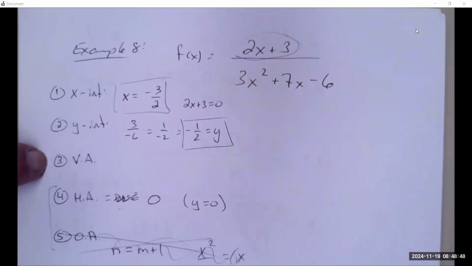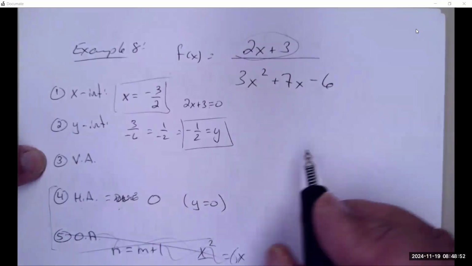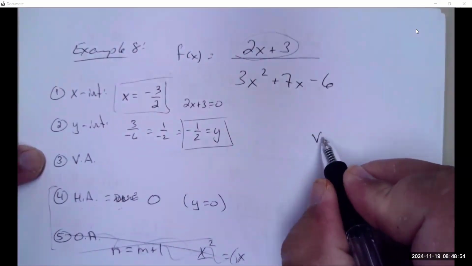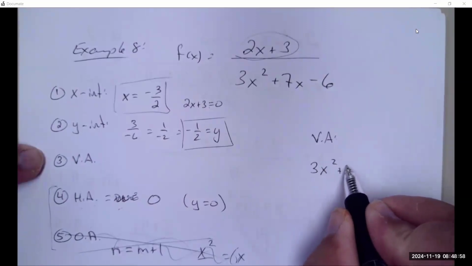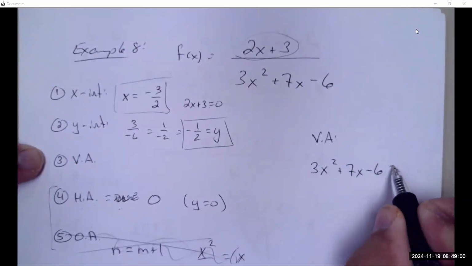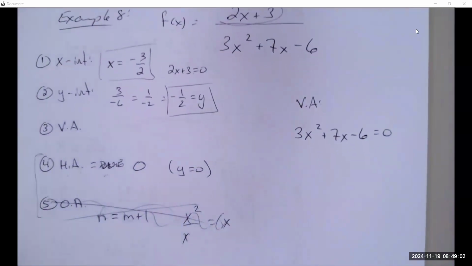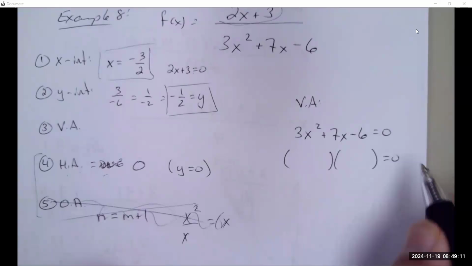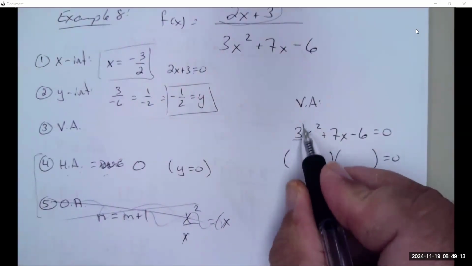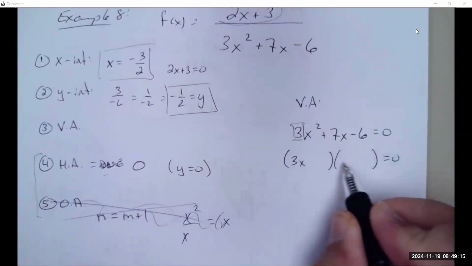What's the vertical asymptote? How do you find the vertical asymptote? Set the denominator equal to 0. Well, we could factor this. Since the leading term is not 1, we put 3x and 3x in the first terms.